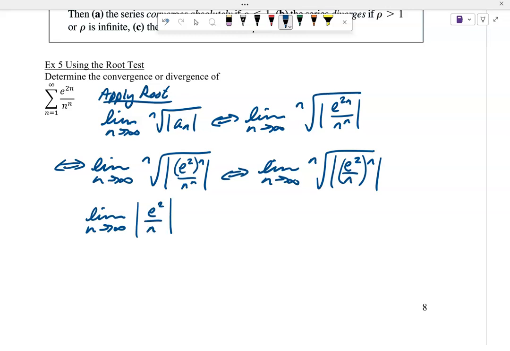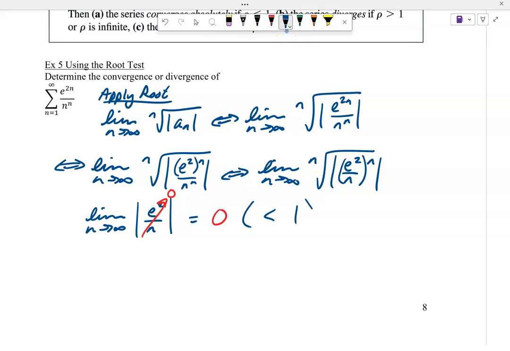And of course, you don't need the absolute values on these. E squared is positive, and n is from 1 on, so that's positive. So we just got e squared over n, and n's going to infinity. So this will go to 0, right? E squared over a huge number. So we got 0.